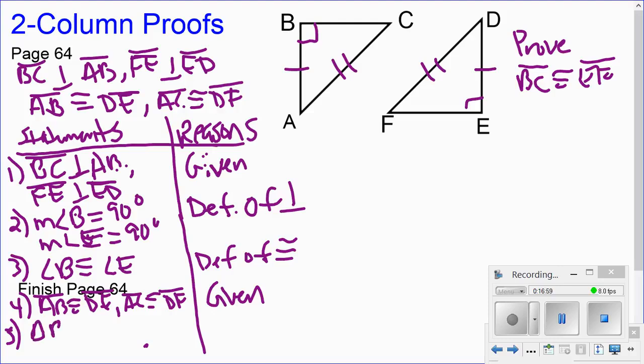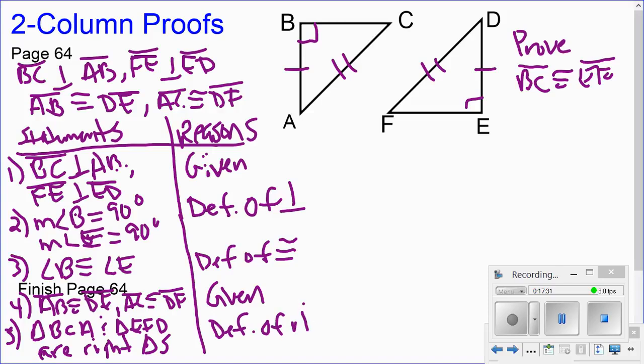Triangle BCA and triangle EFD are right triangles. And how do I know that? Well, that's the definition of right triangles.